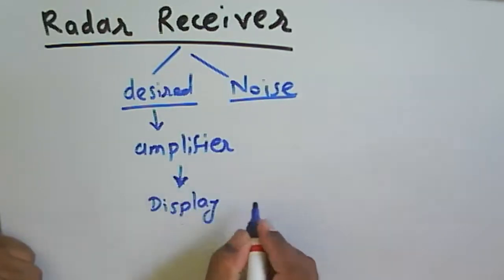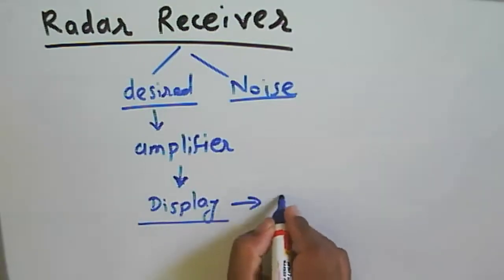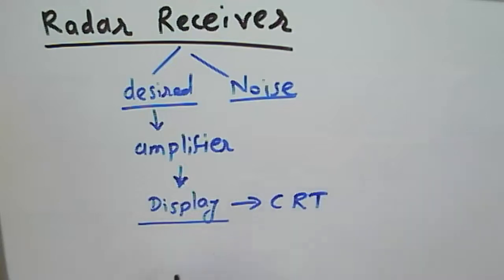So what are the various display devices? There are CRT tubes, where a gray scale or gray images can be seen on the display devices. In general we say it is a CRT, a cathode ray tube.